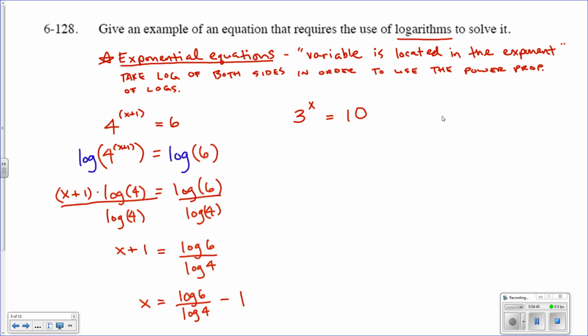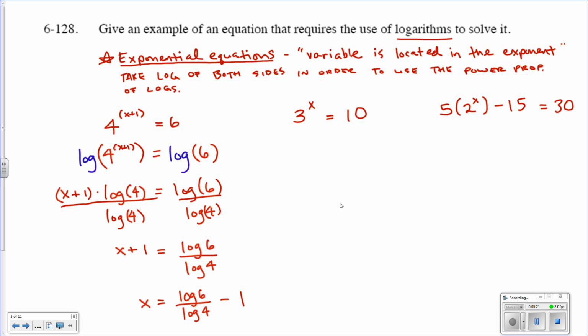Another basic example is 5 times 2 to the power of x minus 15 equals 30. Each of these problems is very similar to the first one in that our variable is in the exponent. We'd have to isolate the base with the exponent and then use the power property of logarithms.